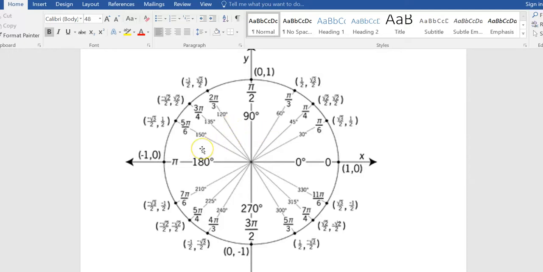Let's say the tangent at 15 degrees. I'm changing tangent 120 to tangent 15 so it'll match up with the formula. If we said 120, we would just do sine divided by cosine, and that would be our answer.